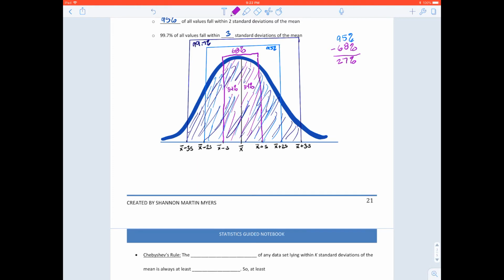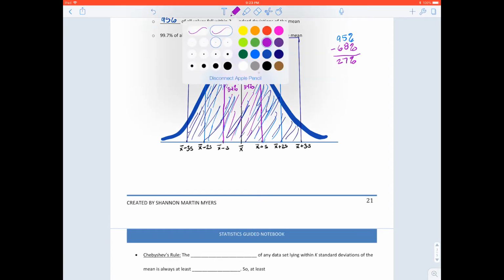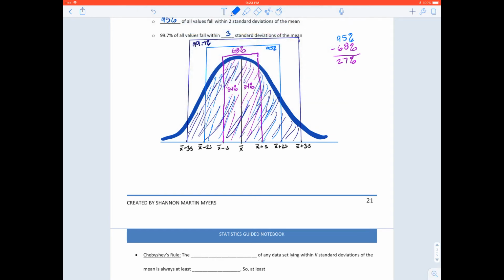But we have symmetry. So do you see that on either side, half of 27% is going to be 13.5%. So in this box right here would be 13.5%, as in this one.